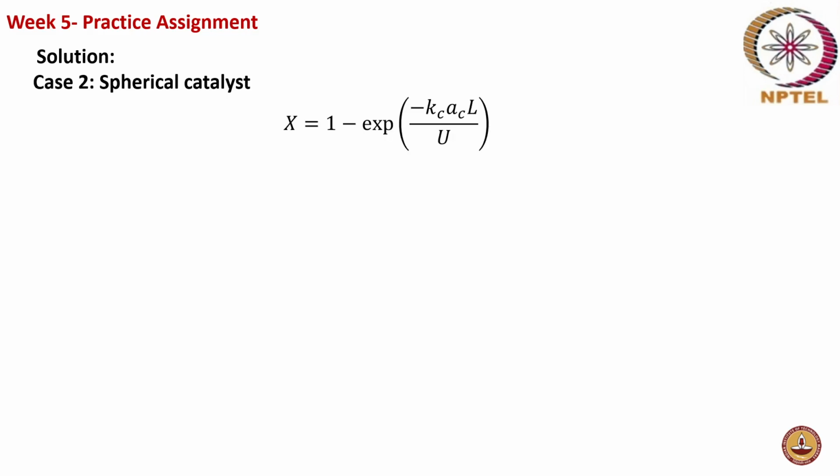So again, the expression for conversion is not going to change. Conversion X is equal to 1 minus exponential of minus Kc AC into L by U. So again U is 150 meter per second, phi is 0.4, and DAB at 298 is 0.69 into 10 power minus 4 meter square per second.